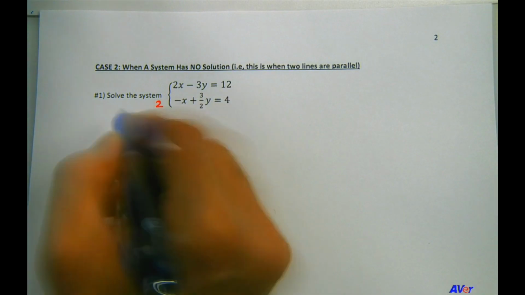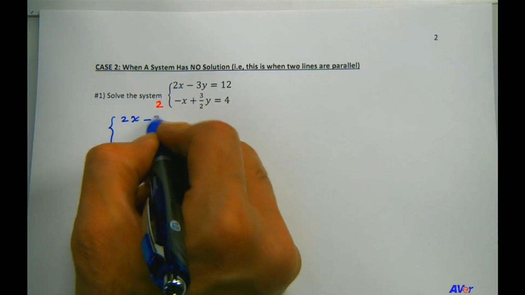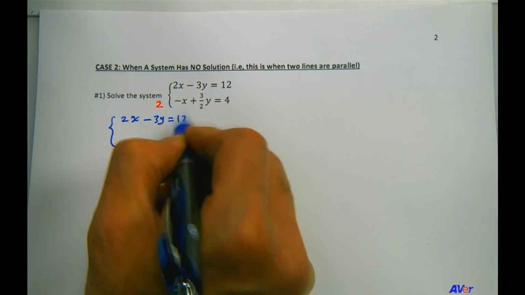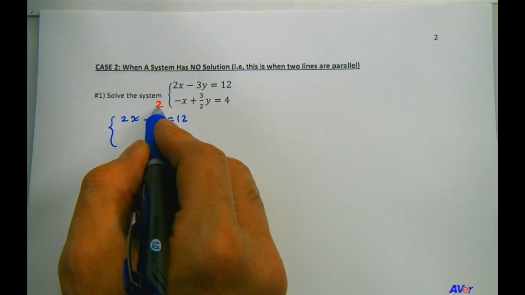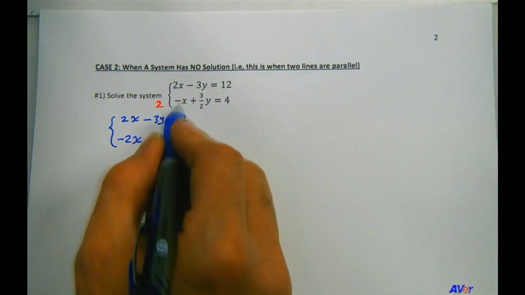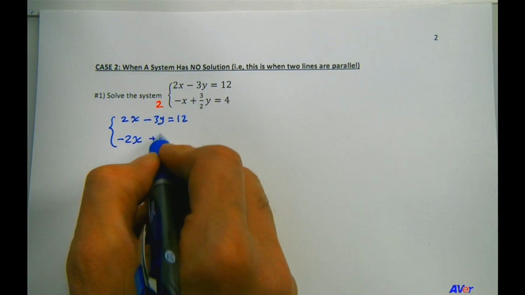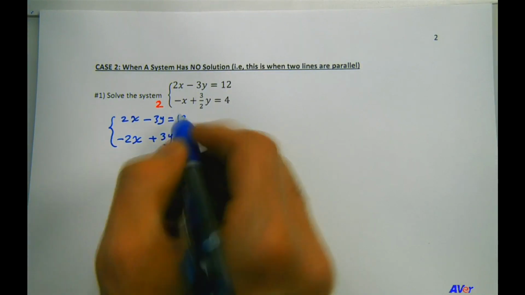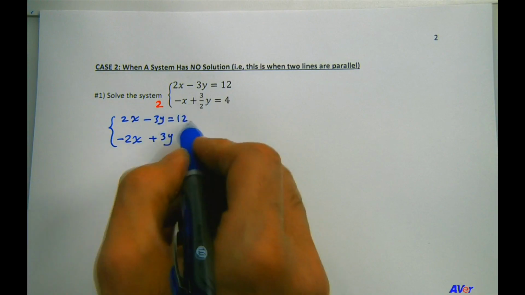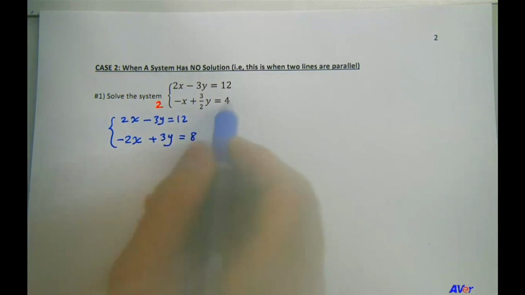Okay, what do we get? The top equation stays the same. The bottom equation, let's distribute the 2 into that. 2 times minus x, minus 2x. 2 times plus 3 halves y, plus 3y, right? 2 and 2 cancel, you get 3y, equals 8 when you distribute 2 into the other side.